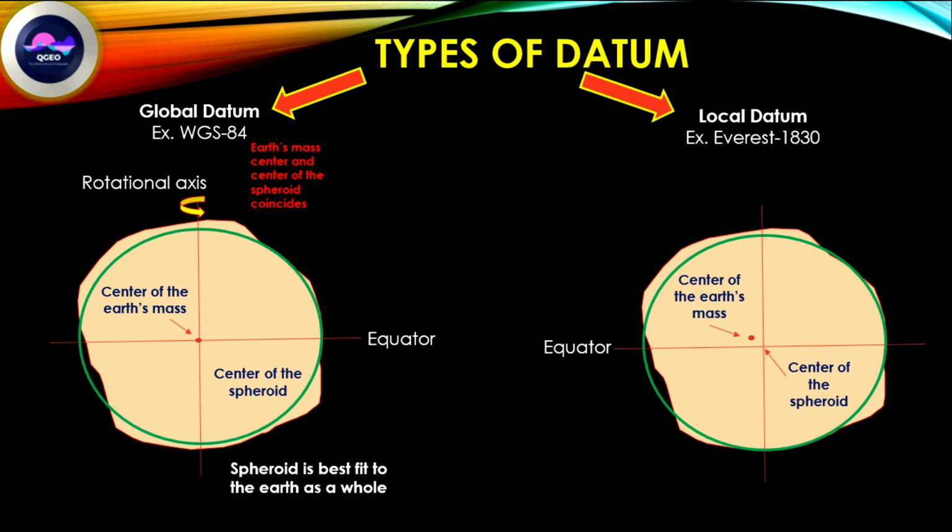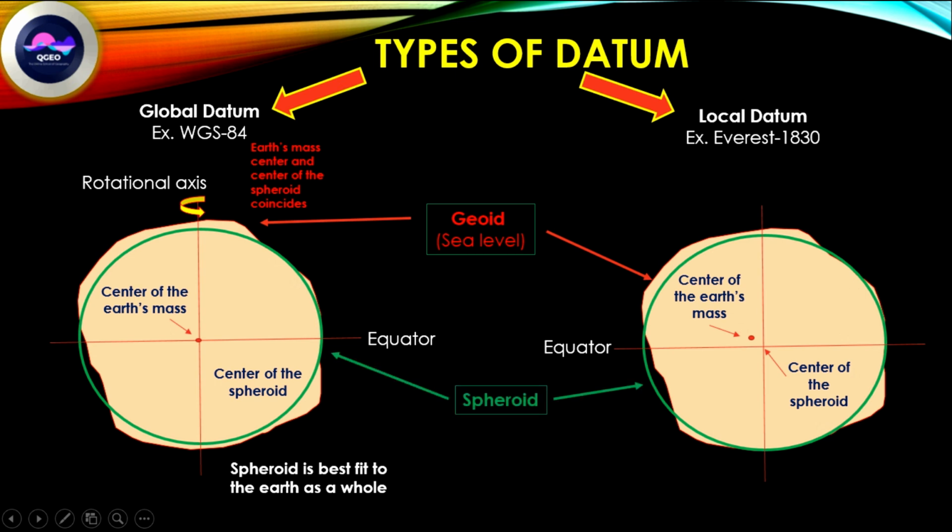In the case of local datum, the geoid and spheroid do not fit as a whole over the world. It fits some parts of the earth well. So for this smaller part of the world, we can consider the local datum.